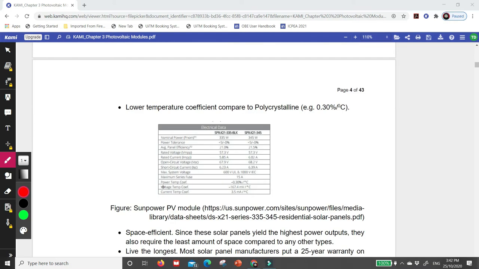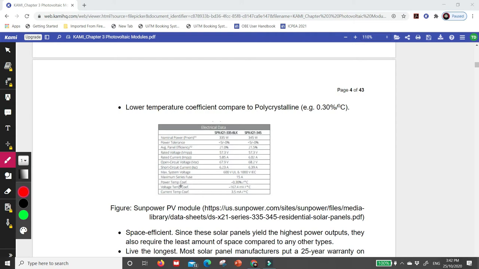For example here, the power temperature coefficient is minus 0.30% per degree Celsius, which means the power will drop. Minus means a drop or reduction, 0.30% every 1 degree Celsius.